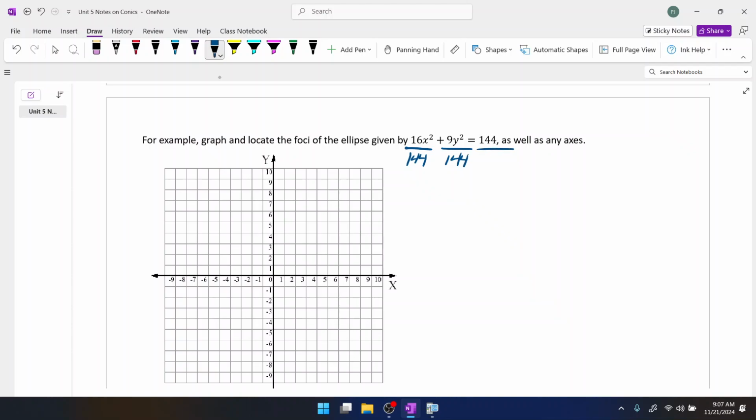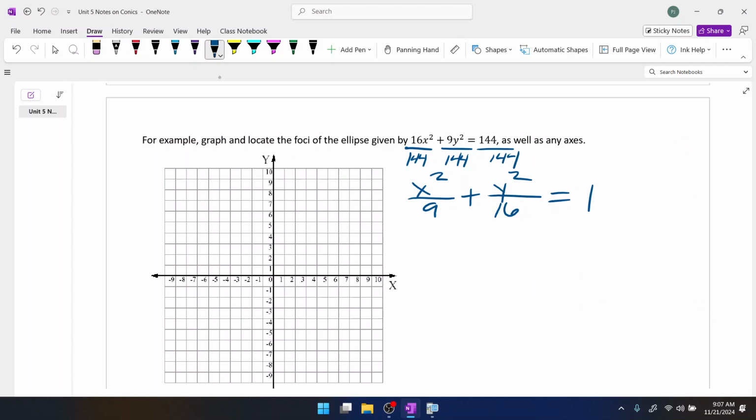That's pretty gross. You get that? 144 gross? That's how many are in a gross. Y'all didn't know that? Oh, it's okay. You know what? I didn't learn that in school either. So anyway, this is going to be x squared over 9 plus y squared over 16 equaling 1.